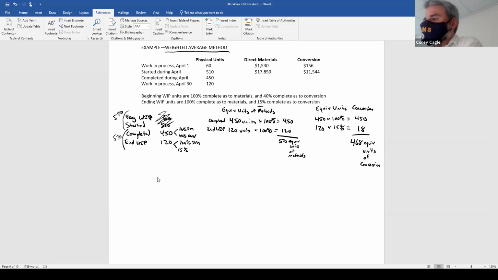So here's what I spent on materials in total. 1530 for those units that we had unfinished as we began, plus 17,850 that we spent on materials during the year.